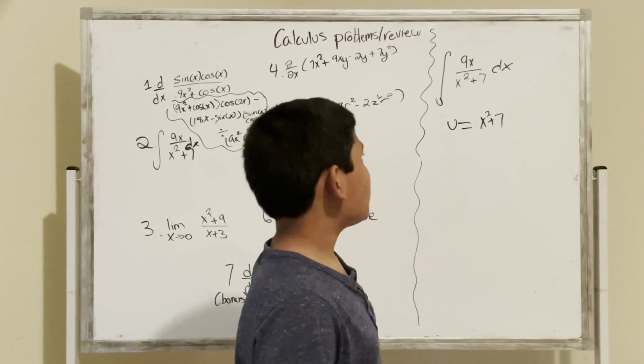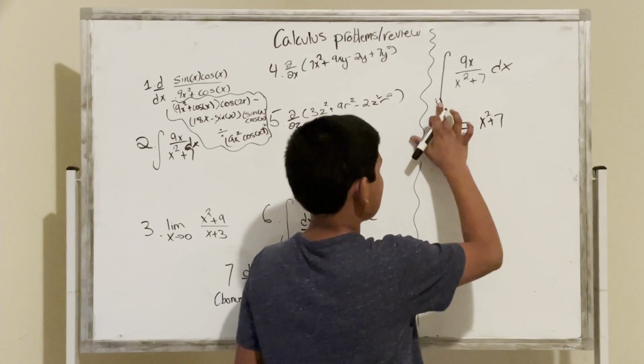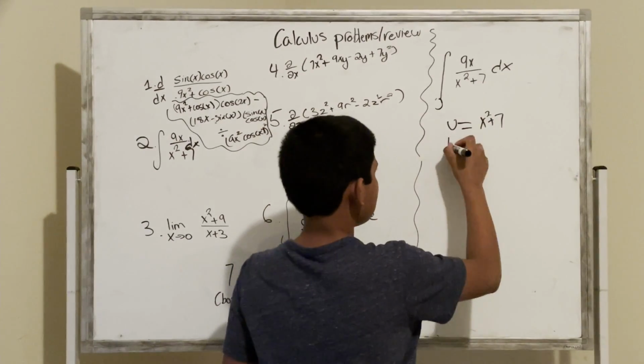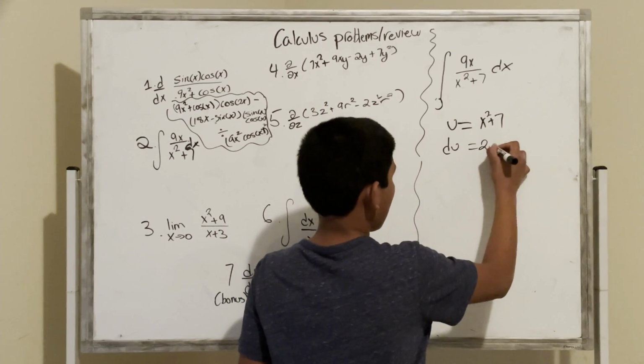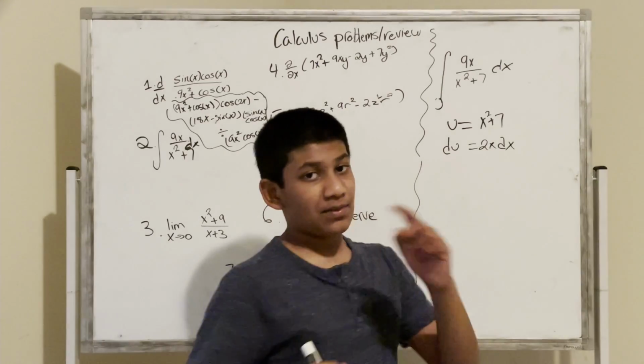So we did u substitution over here. Most of the time when you have problems like this that work for u substitution, the denominator is going to be the u, and the numerator is just going to be the derivative, so this is 2x dx. Now remember we also have to add the plus c.